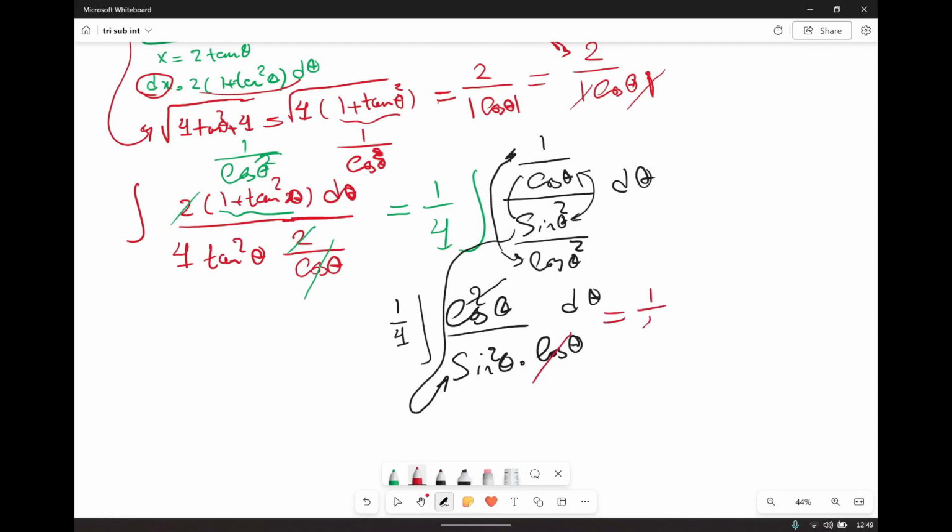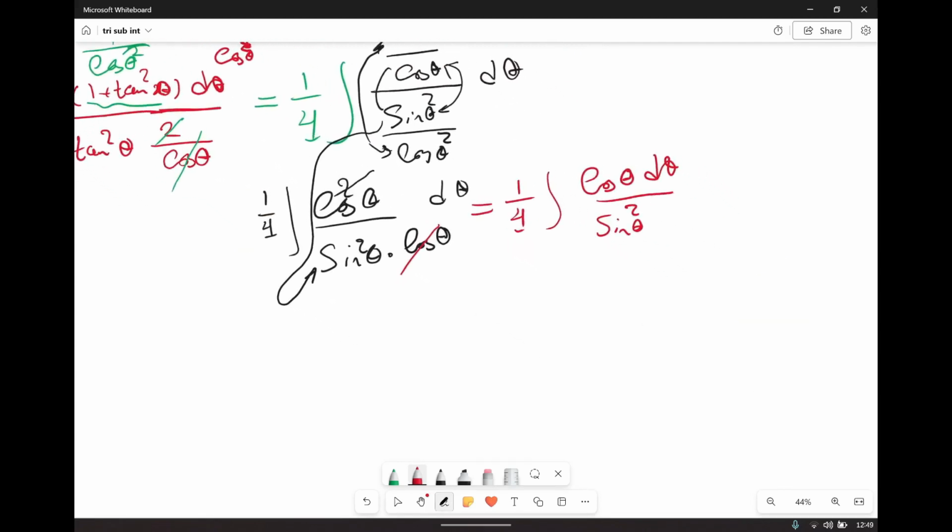The total integral is 1 over 4 integral of cosine theta d theta divided by sine squared theta. How can we calculate this? By substitution, if we suppose sine theta is u, then cosine theta d theta is du.